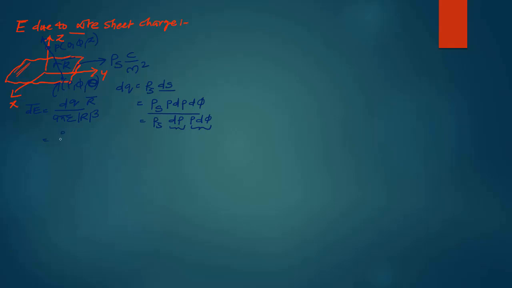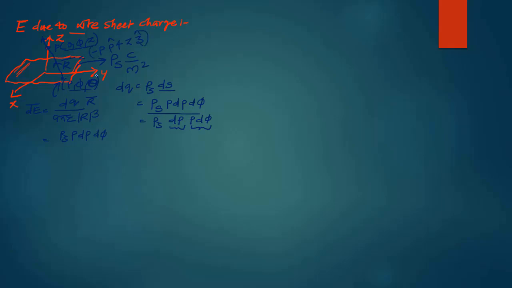So dq means rho s, rho d rho d phi, and r bar. R bar is observation point minus source point. The observation point is on the z-axis where we are calculating the electric field, and the source point is the point where the differential element is available, that is rho comma phi comma 0. So observation minus source: 0 minus rho is minus rho rho cap, phi minus phi is 0, plus z minus 0 is z cap.